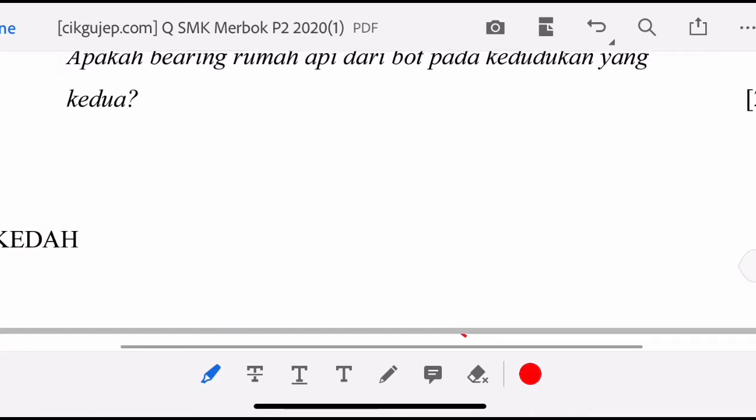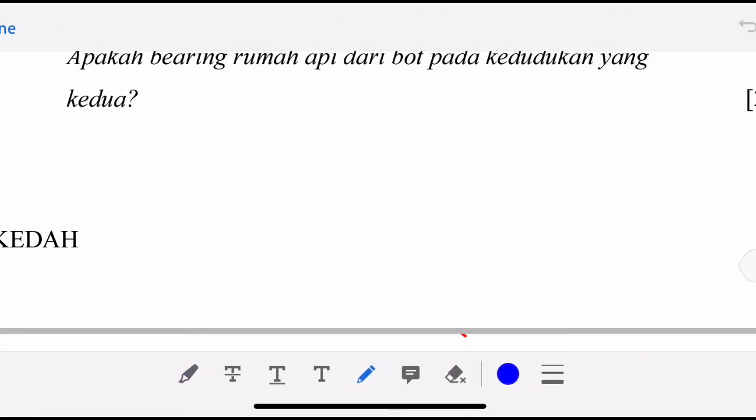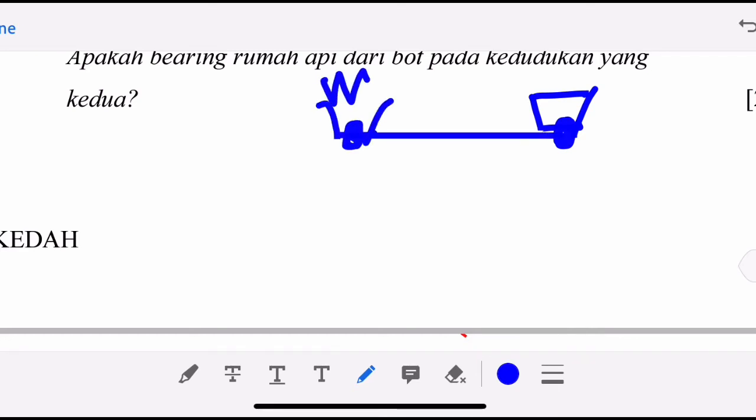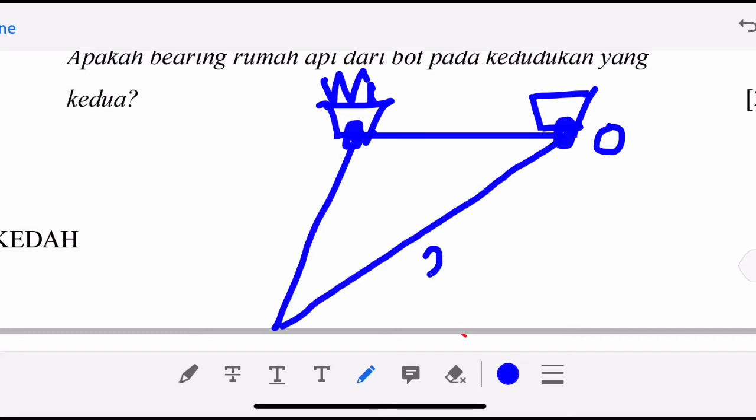Starting, we have a boat here. Rashid is here, traveling to the west. This is the boat, its origin. This is west. And then just now we have drawn like this, right? This is 25, this is 16, and we found out here is 13.38.